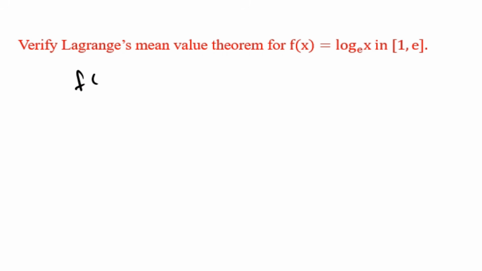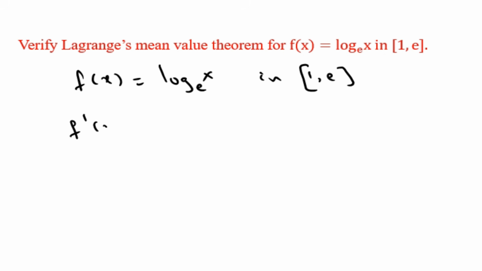F of x is given. F of x equals log x in 1 comma e. F dash of x is equal to 1 by x. F dash of c is equal to 1 by c.